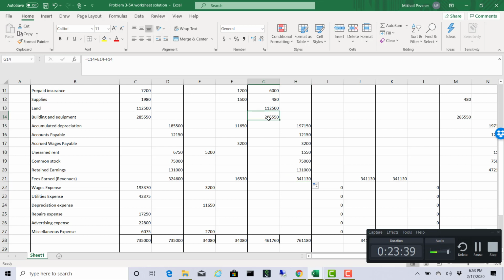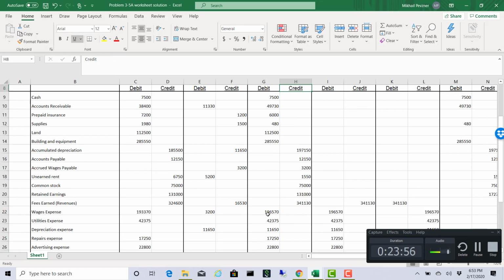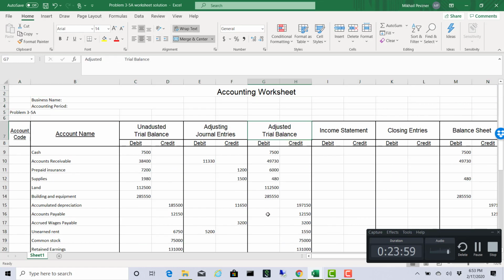And then for debit balances, drag it further down. Okay, so my formulas work, everything is in balance. This is my adjusted trial balance. Does it make sense so far?